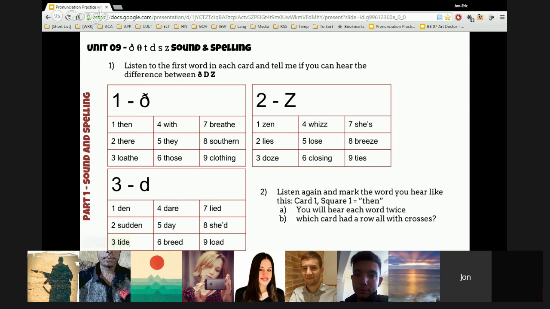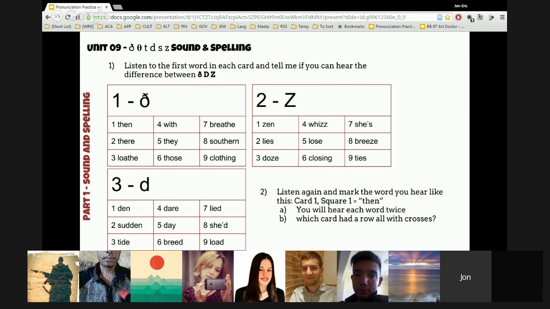What I want you to do to start with is this. Listen to the first word in each of these cards. You have a the card, number 1, a z card in number 2, and a d card in number 3. By card, I just mean table. So you got 3 tables or 3 cards. So listen to the first word in each card and tell me if you can hear the difference between those 3 sounds.